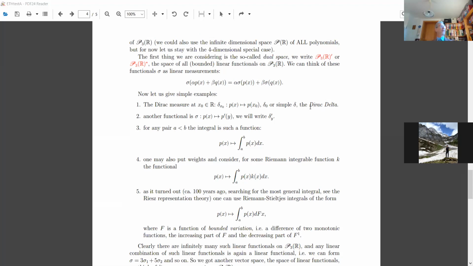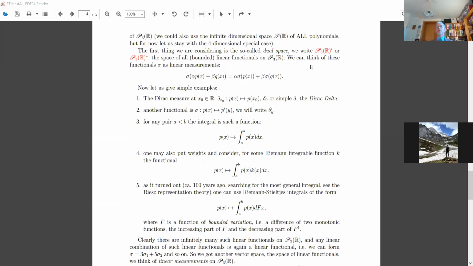If you're given 3 values, you can reconstruct the polynomial already from those 3 values. We're talking about cubic polynomials here. So somehow it's plausible that this dual space will be also 4-dimensional, but in order not to distract you, I would like to leave it here for the moment.